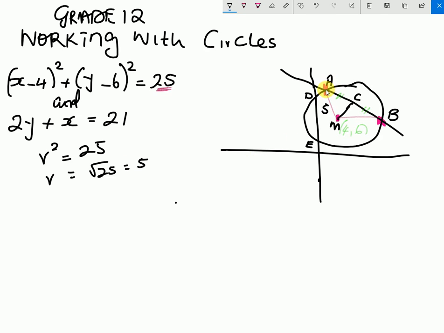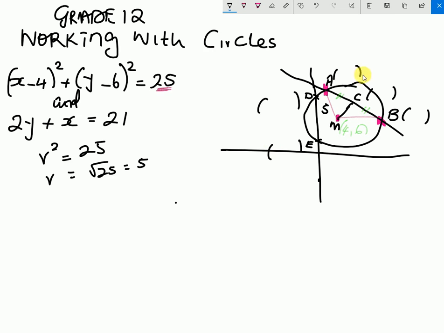People, how do you find the coordinates here, and here, and there? I'm telling you, the coordinate D you can find without problem. During examination, that's what you must expect.